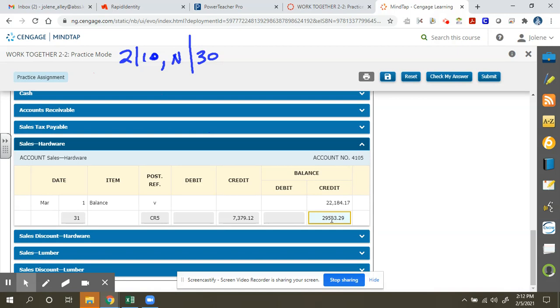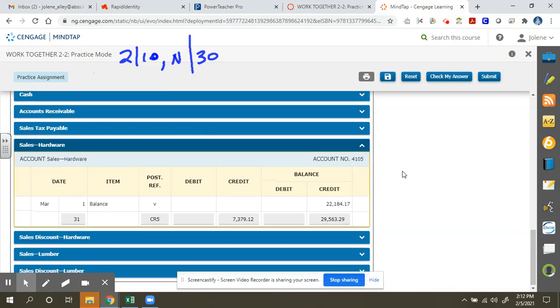Now, you might say, where did this $22,184.17 come from? It came from their sales from January and February, because now we're adding in the March sales just for hardware. $29,563.29. Okay, we take the account number 4105.